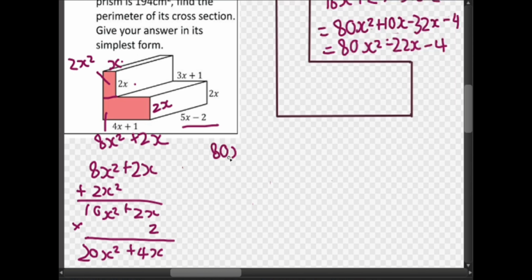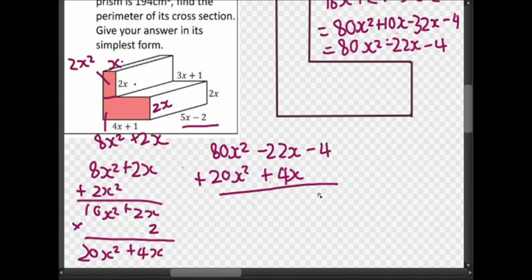Basically we take 80x squared minus 22x minus 4 plus 20x squared plus 4x. And the answer will be 100x squared minus 18x minus 4.